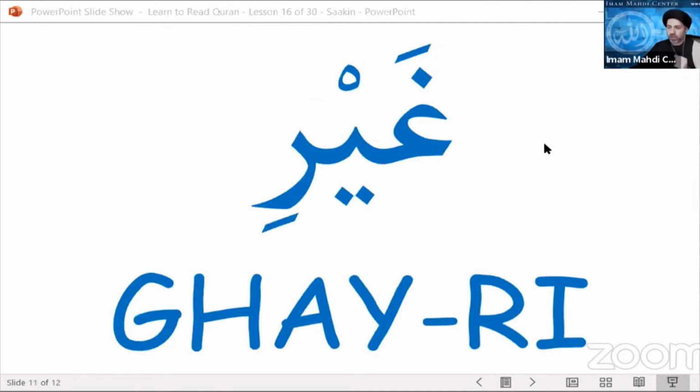Our next word also has three letters. The first letter here, this right here with the dot, is ghain. It has a fatha, so it's pronounced gha. But it's followed by a ya that has sakin. So we have to connect this ya with this ghain. So we say ghay.